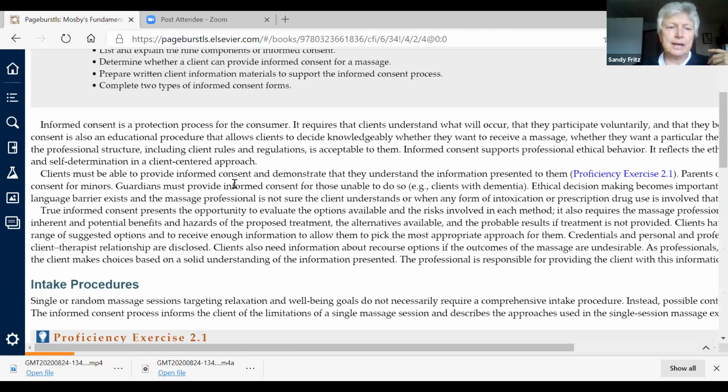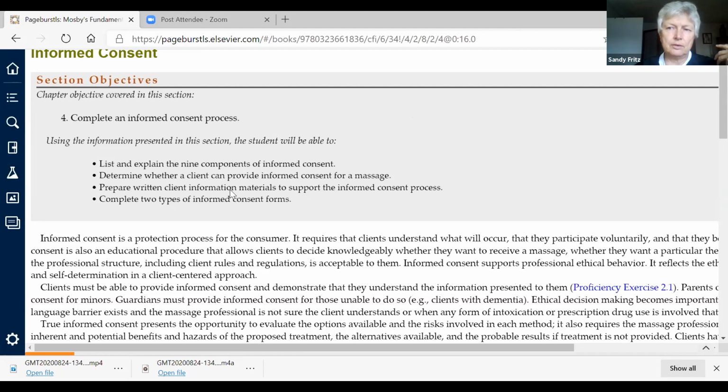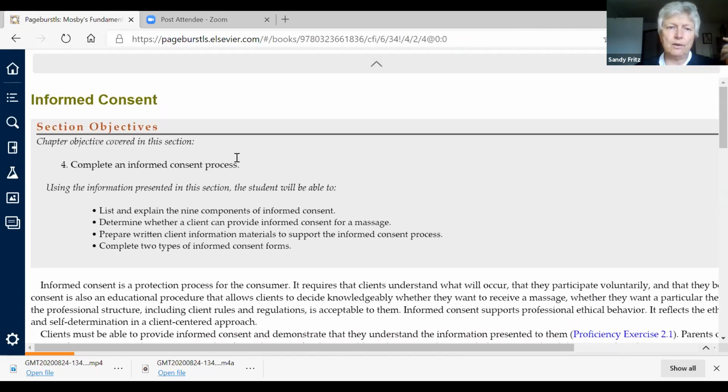All of this comes down to a client-centered approach that involves the client being the focus, as in our practice framework.